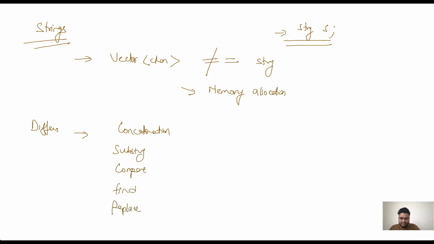So these are some of the additional functionalities which strings offer in case of character vectors, like character array kind of thing. Okay, and that's what actually differentiates strings from vector. Cool. So that's about the definition of all three of them.